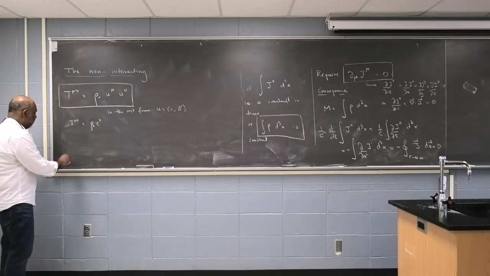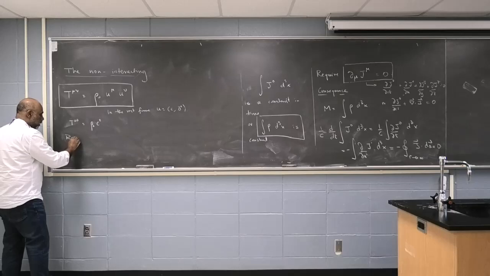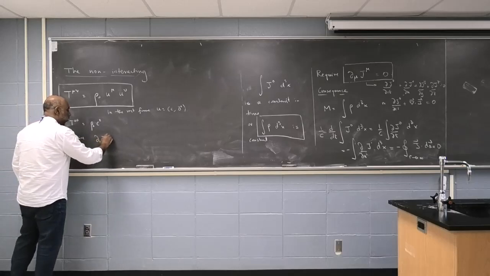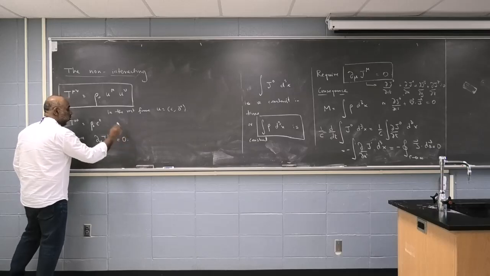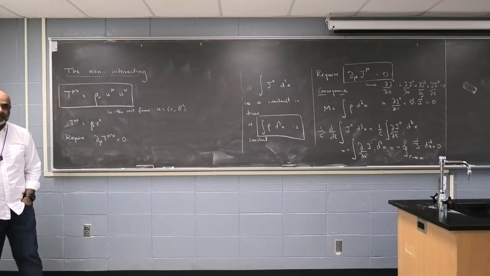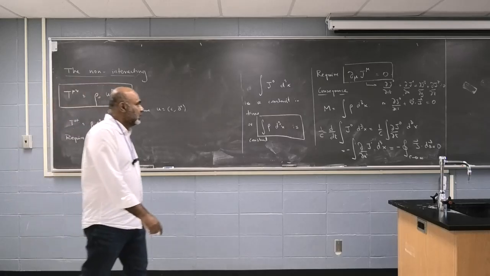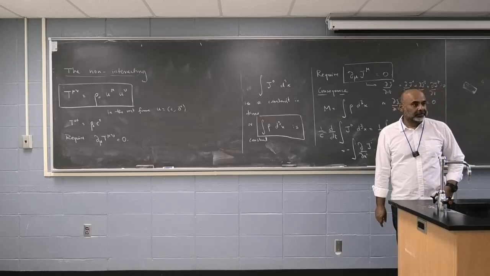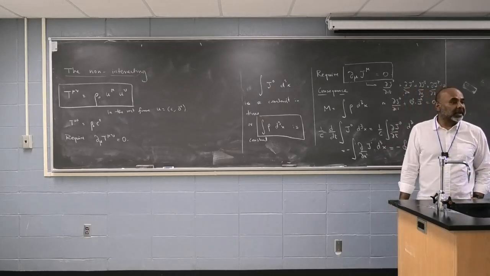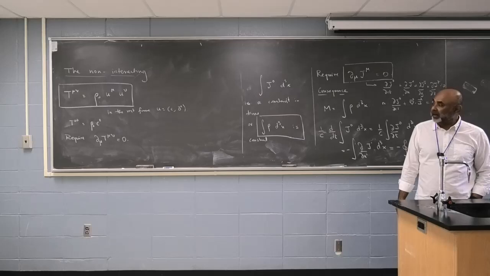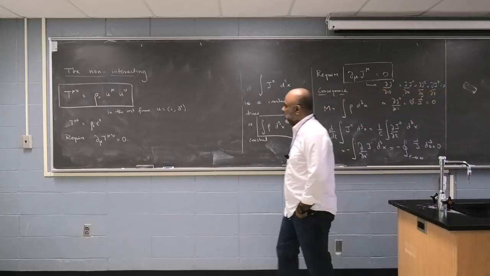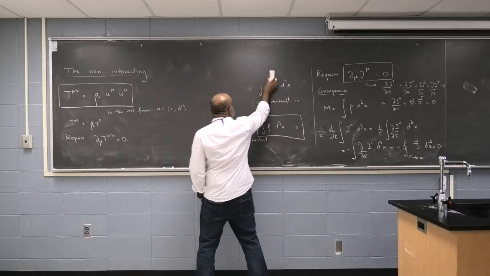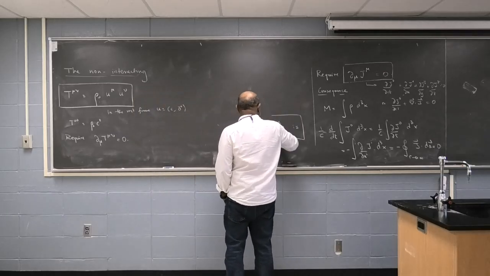But we require d_mu T^{mu nu} equal to 0. We want it to be that, because it is that kind of stuff that would conserve energy and momentum, as we have seen already. Okay? Are we good? You guys are unusually quiet.